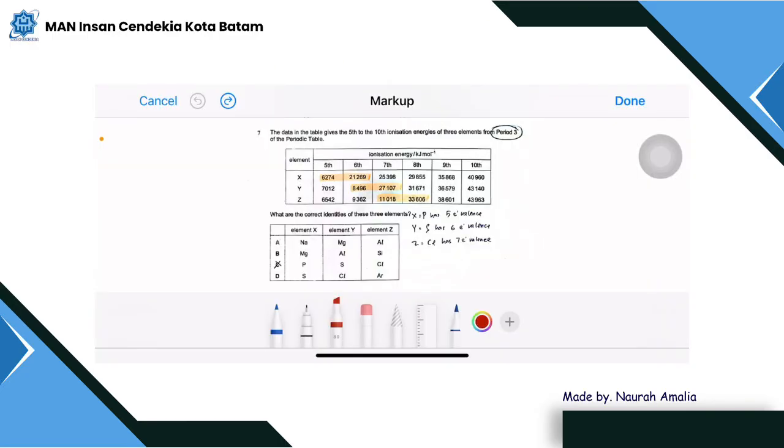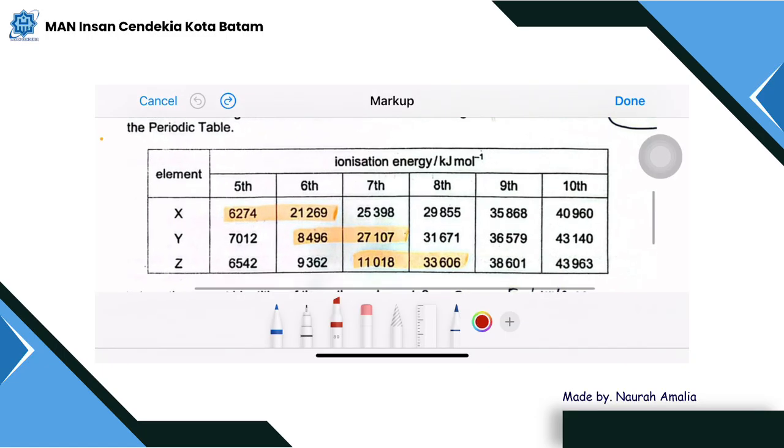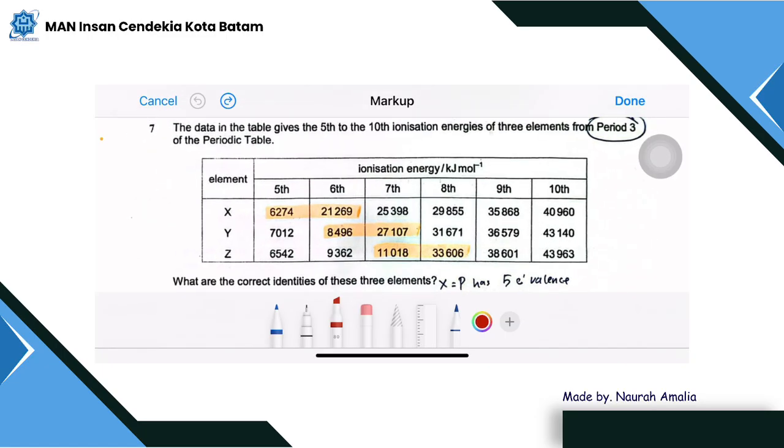Question number 7. The data in the table give the 5th to 10th ionization energy of 3 elements from the periodic table. What are the correct identities of these 3 elements? The question gives us the table of ionization energy, so we need to determine the highest difference between element X, Y, and Z from the ionization energy.